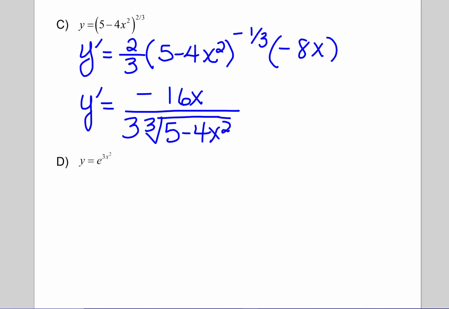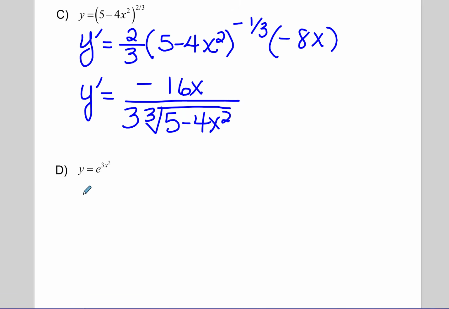Okay, next on letter D, you have an e. So we know the derivative of e to the x is just itself, e to the x. And when I've got something plugged in up here, I'm going to take the derivative of e to the x. This is a separate function, 3x squared.